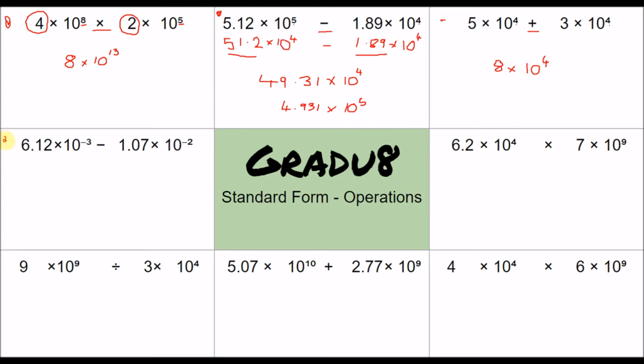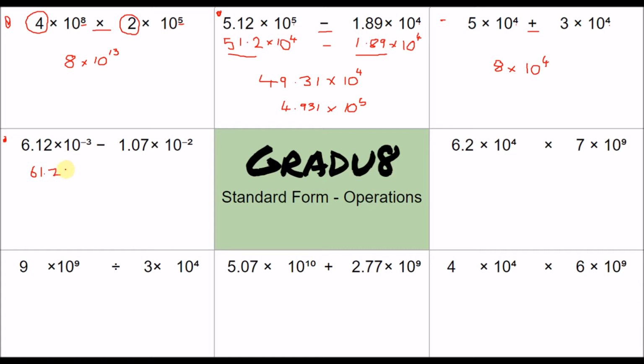Right, let's look at this one down here, because it's another slightly more complicated one with our takeaway. This time I've got 6.12 times 10 to the negative 3 and 1.07 times 10 to the negative 2. So what I'm going to do then, remember negative 3 is less than negative 2. So I'm going to increase this one over here. Okay, so here we go.